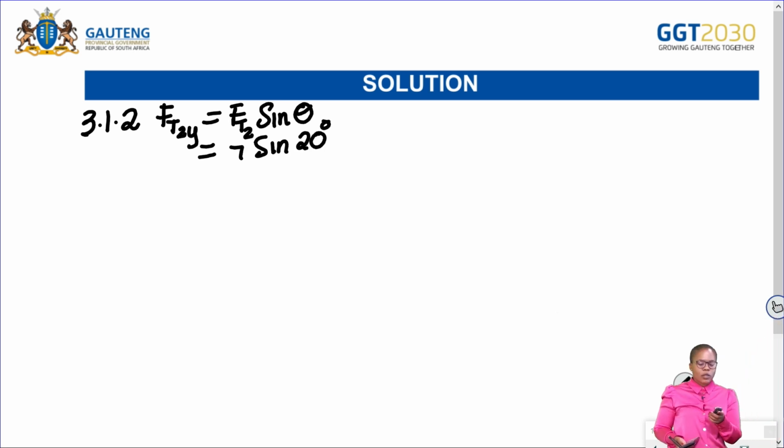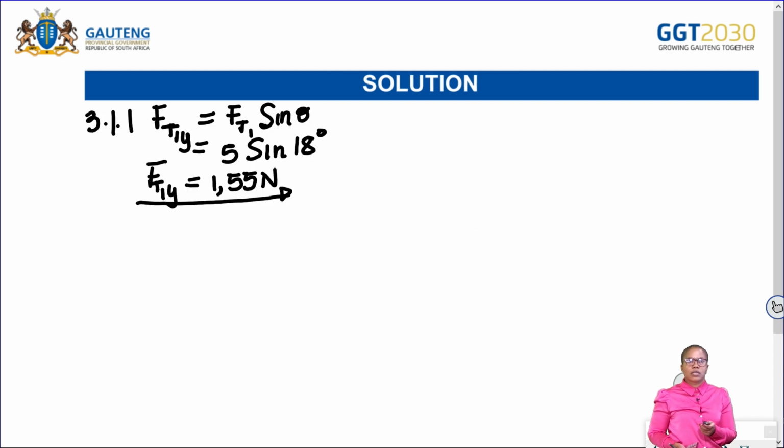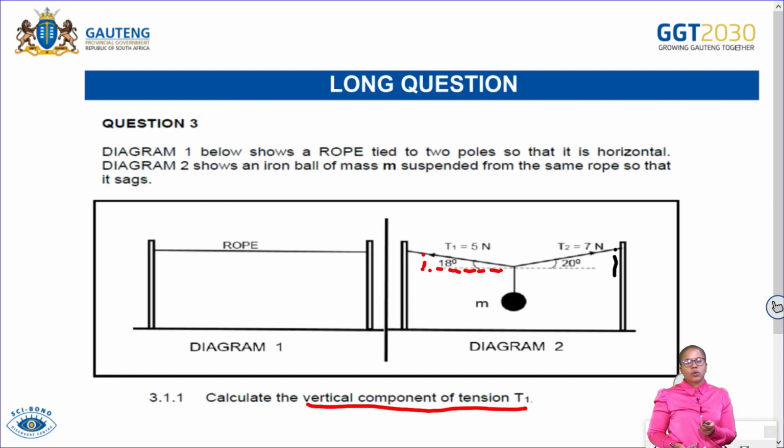Why do I have those values? Because they are given to us. Let's go back to show you here: 7 newtons acting at an angle of 20 degrees to the horizontal. So what is 7 sine of 20?